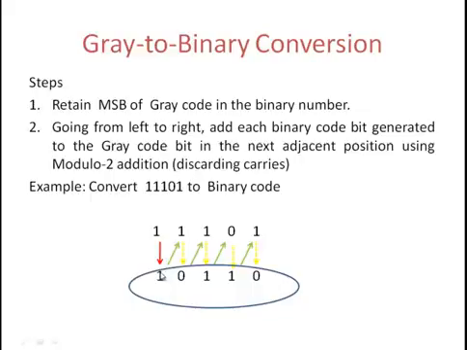This means that after retaining the MSB, you have to add this MSB to the gray code bit in the next adjacent position. So it is 1 plus 1 is 0, discarding the carry. 0 plus 1 is 1, 1 plus 0 is 1, 1 plus 1 is 0, carry discarded. So this is the binary code of the given gray code.